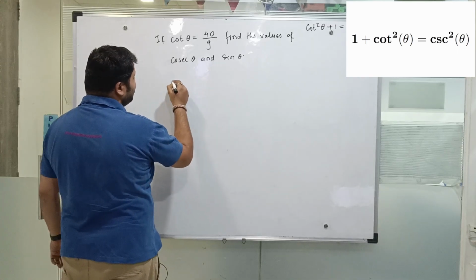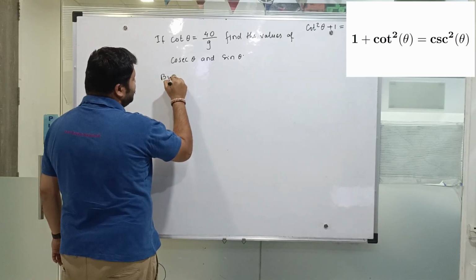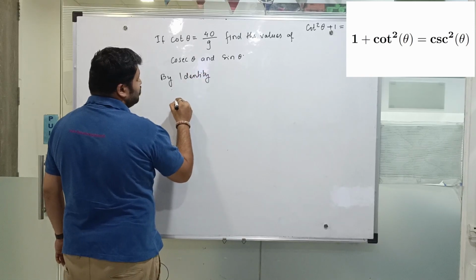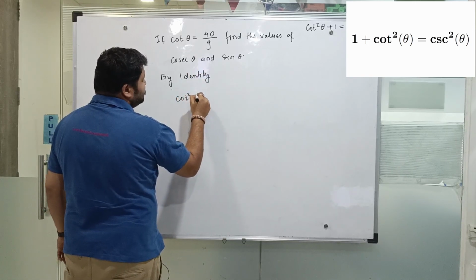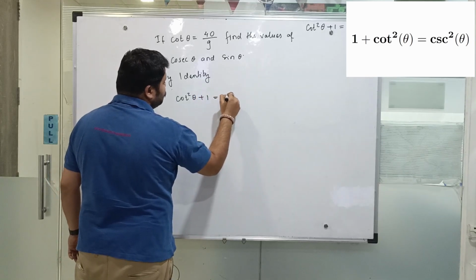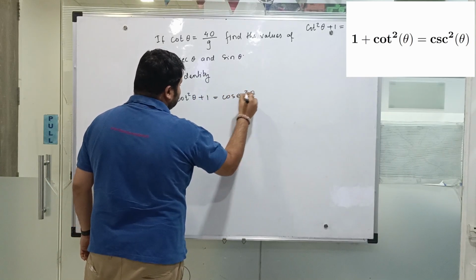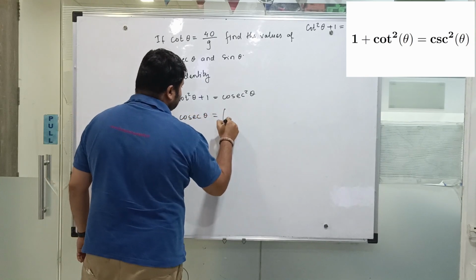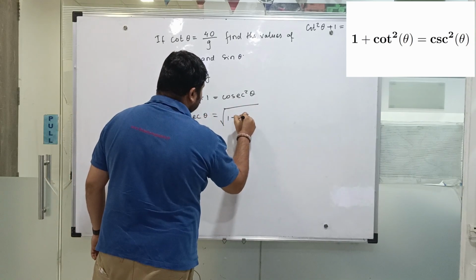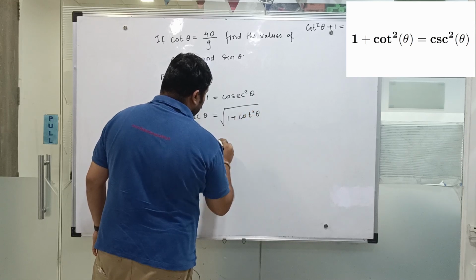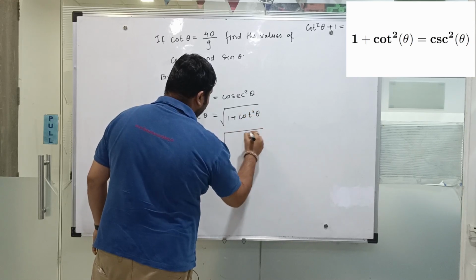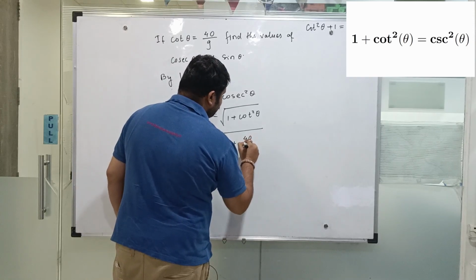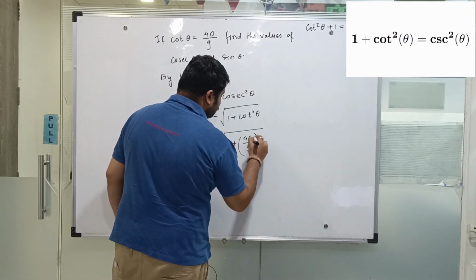I can write the identity. So I say by identity, cot square theta plus 1 is equal to cosec square theta. So therefore cosec theta is equal to root of 1 plus cot square theta, or that would be root of 1 plus (40 upon 9) square.